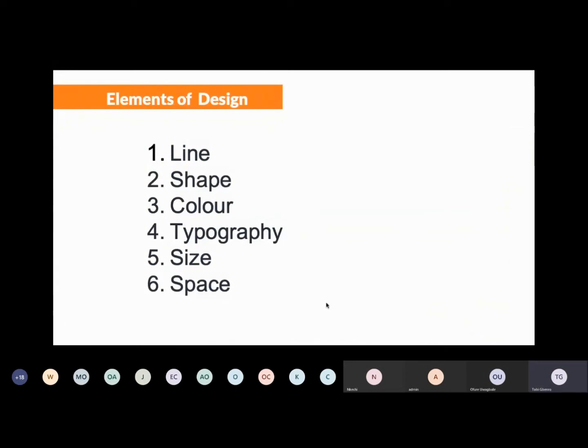Now, color is the most important part of design because color brings life, right? I'm sure we all knew that there was black and white television before, but we've moved on from black and white to color television, and everything seems more beautiful. Color makes things beautiful. If you don't have color in your design, it will not be beautiful.